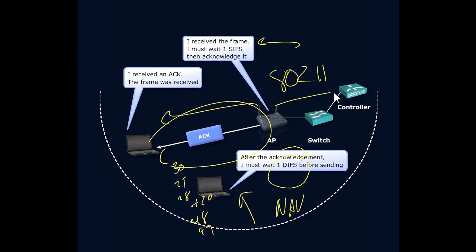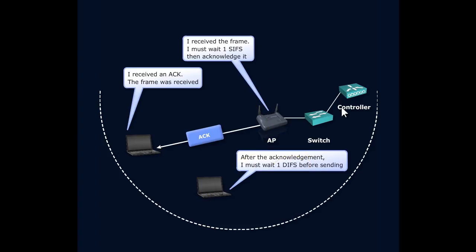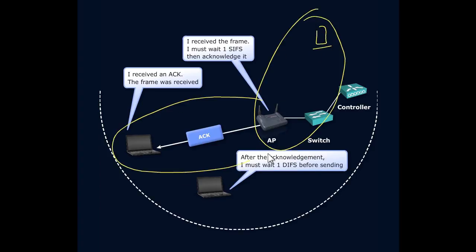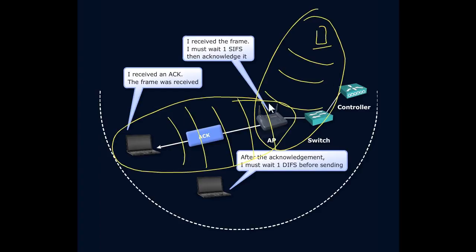Now, one thing to watch out for, it is potentially possible to still have collisions, because I could have a device that's within the range of this access point, and I could have a device that's within the range of this access point, but these two devices don't hear each other's noise. All right, so it is possible that that will happen. And if that occurs, then we're going to have broken frames, essentially, because of the collision that happens over the air.